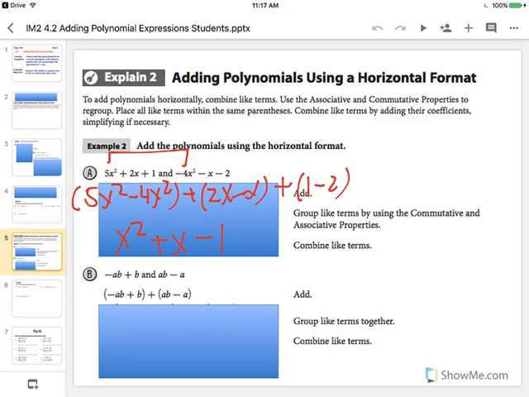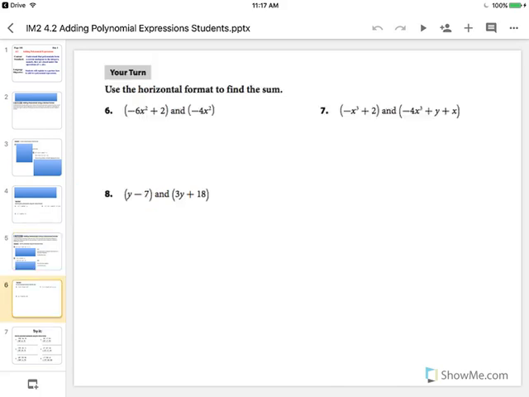Okay. And then for part B, we can combine these two, so that gives us a 0. And these two, we have nothing in common, so it will be positive b minus a. So the answer will be b minus a.